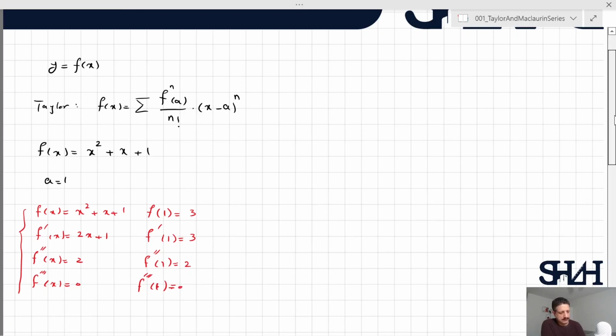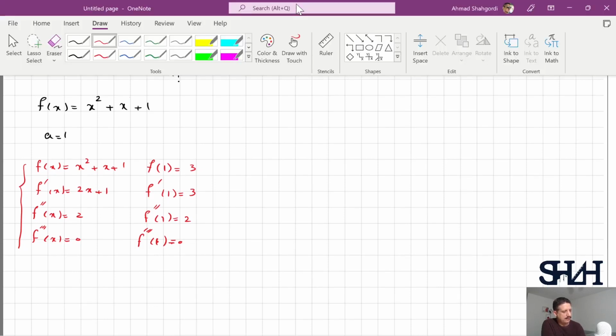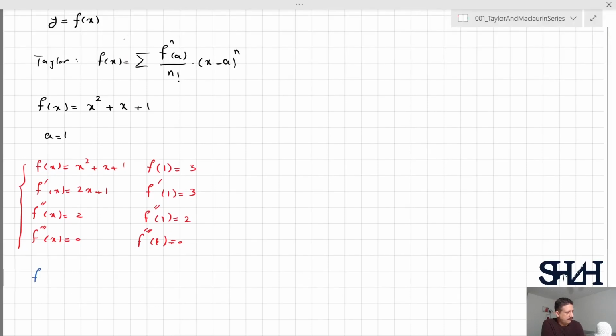So according to the Taylor equation, now I can write f(x). It will be f at point a, which is 1, divided by 0 factorial, times (x minus 1) to the power 0, plus the first derivative over 1 factorial times (x minus 1), plus the second derivative over 2 factorial times (x minus 1) squared.